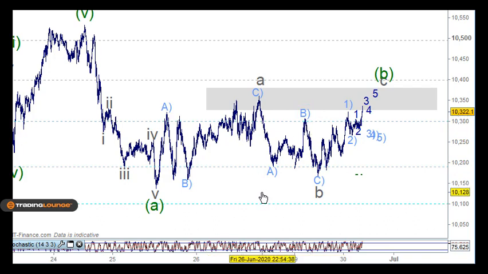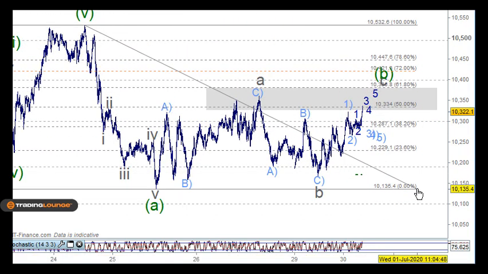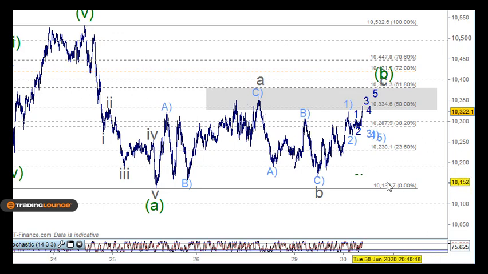So we're in a corrective space here, and what we could say is that anything above the 61.8% or the 10,400 as support, then the market would be looking to go much higher from that point. But none of this in here is telling me that, even this here being in 5 waves, and all of this being corrective here.